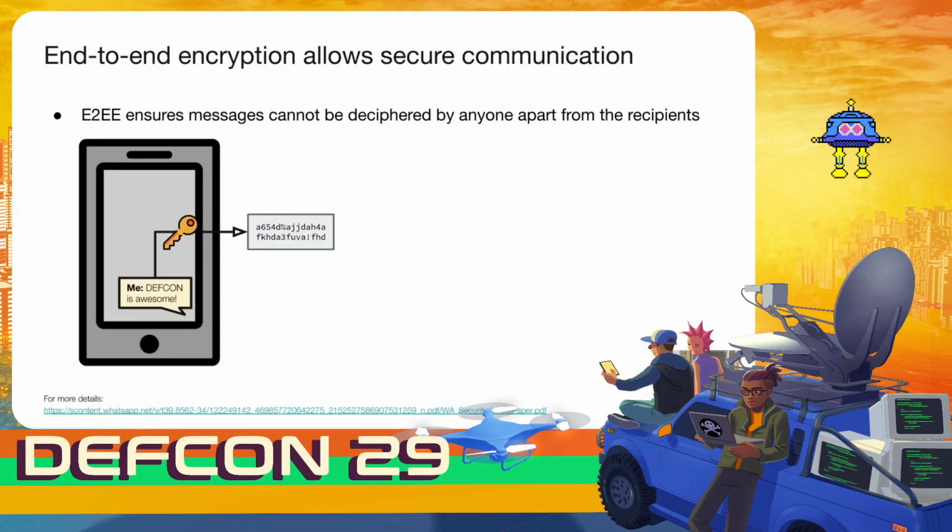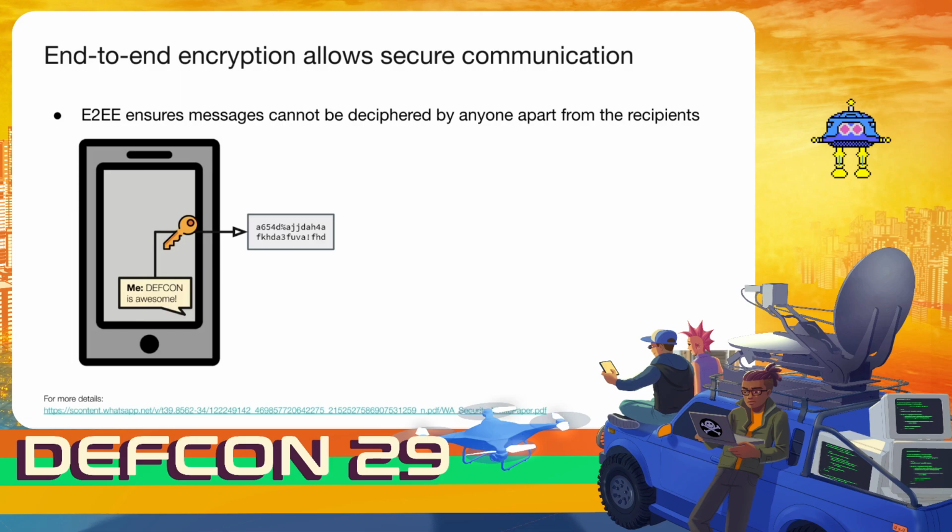End-to-end encryption allows users to communicate securely. What does this mean? Let's say I want to send a message, DEFCON is awesome, to my friend, and end-to-end encryption ensures that no one apart from my friend and me can read this message.